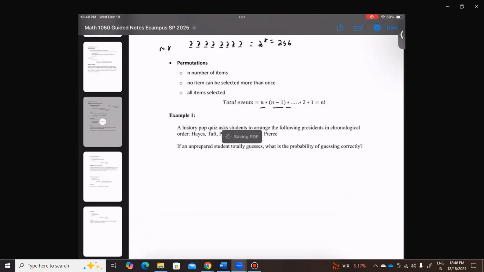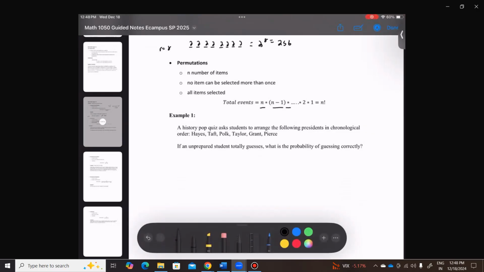Eventually, you'll get down to where you only have 2 items left and then 1 item left. Here we end up selecting all items. And so this works out to n factorial, which is just n times n minus 1 times n minus 2 times n minus 3 all the way down to 2 times 1.